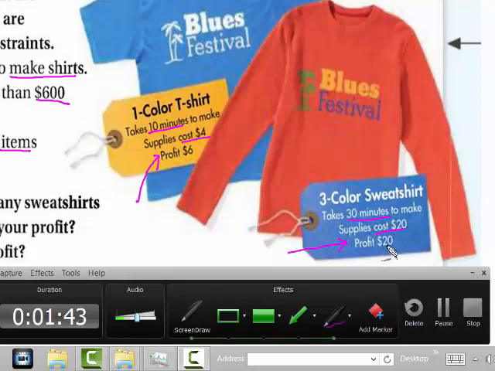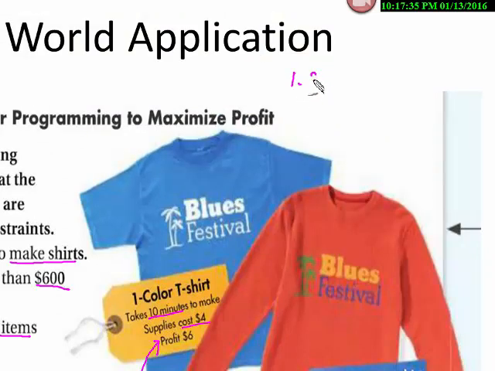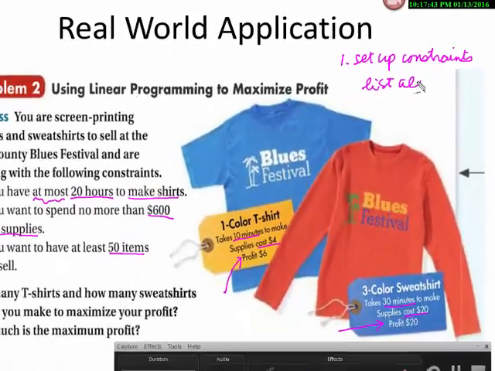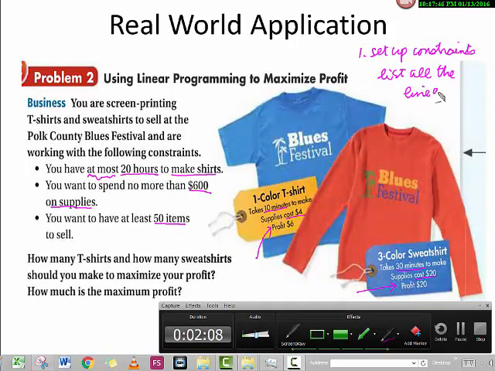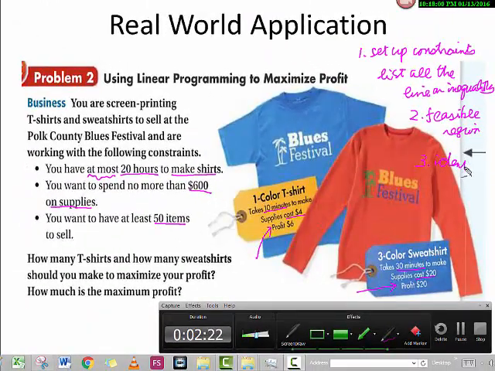So there are a lot of numbers lying around. You have to put everything together by first going back to the first step of solving linear programming problems. First, you have to set up all the constraints. In other words, you have to list all the linear inequalities, and then based on that, you graph it and find the second thing, the feasible region, and then identify all the vertexes.